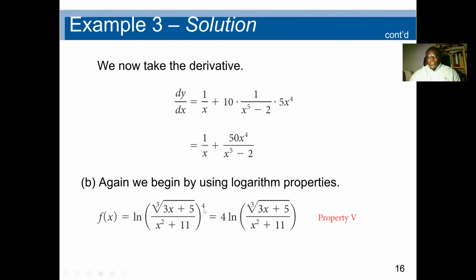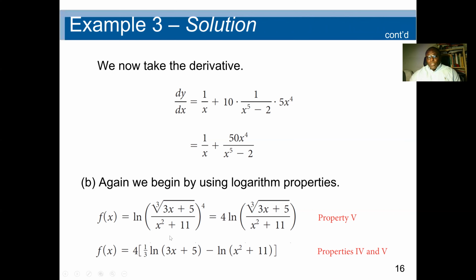So first, since this is 4 here, we can bring the 4 to the front. So we get 4 times natural log of the cube root of 3x plus 5 over x squared plus 11. Then from here, we can apply the difference. So we get natural log of the numerator minus natural log of the denominator, changing the division to a difference.